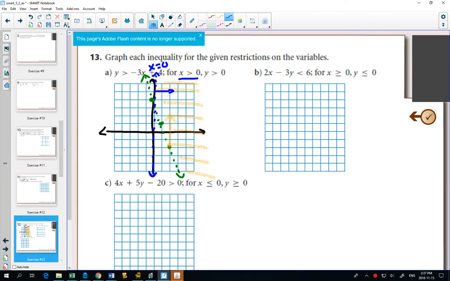It also says that y has to be bigger than 0. I'll do that one in red. Here's the line y equals 0, and we need to shade everything above that. So when we have three inequalities like this one, your final answer has to be the shading for all three combined.